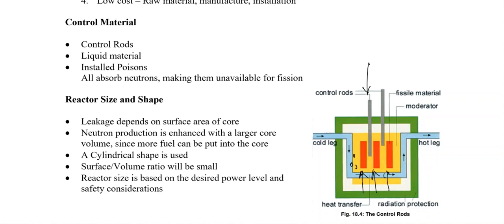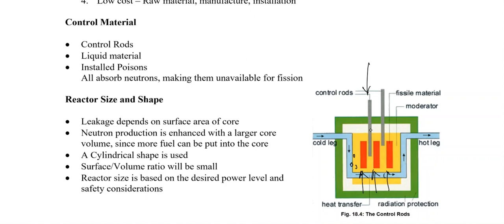But if you want to control the nuclear reaction, we have nuclear control rods. These control rods are neutron absorbers. They are mostly absorbing the neutrons in the nuclear reactor.